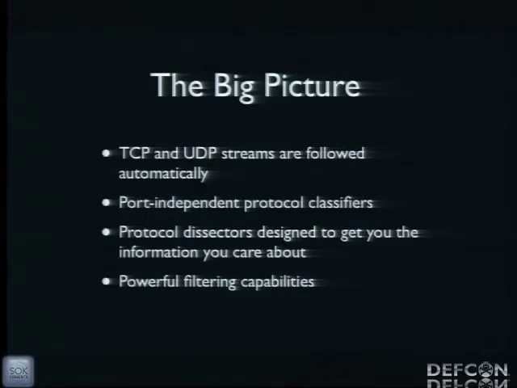One example is the HTTP classifier and dissector allow you to filter your HTTP traffic by user agent, by whatever URL they're requesting, by whether or not it had gzip encoding, anything like that. It's that ability to really narrow down on the type of traffic that you want that I think is the most important and the big picture for the software.